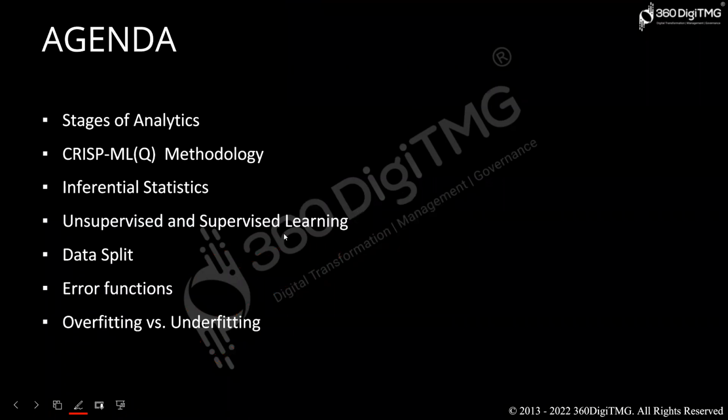Today's agenda is the stages of analytics. Yesterday we talked about the overview, but today we will go deep into the stages of analytics. We will talk about the CRISP-ML methodology, inferential statistics, what is supervised and unsupervised machine learning, data split, and error function.